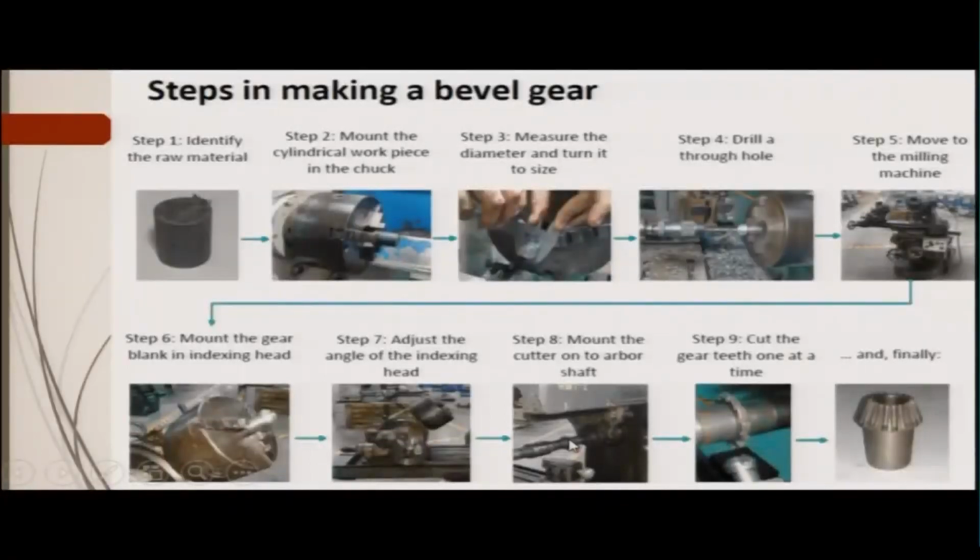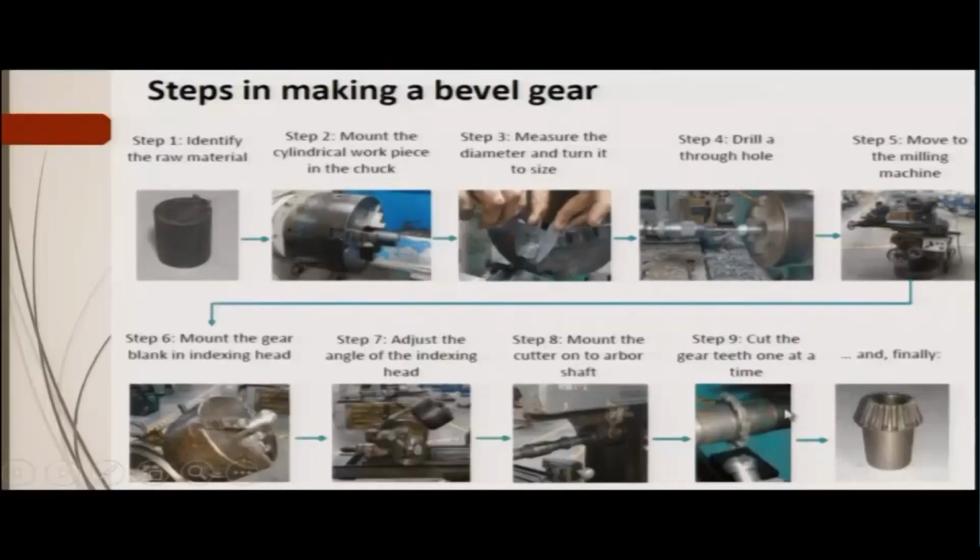Depending on the number of teeth, you have a profile, and that profile will conform to that particular milling cutter, and you have to select that milling cutter for cutting that number of teeth. This milling cutter will have a central hole, and along with the hole it will have a keyhole.